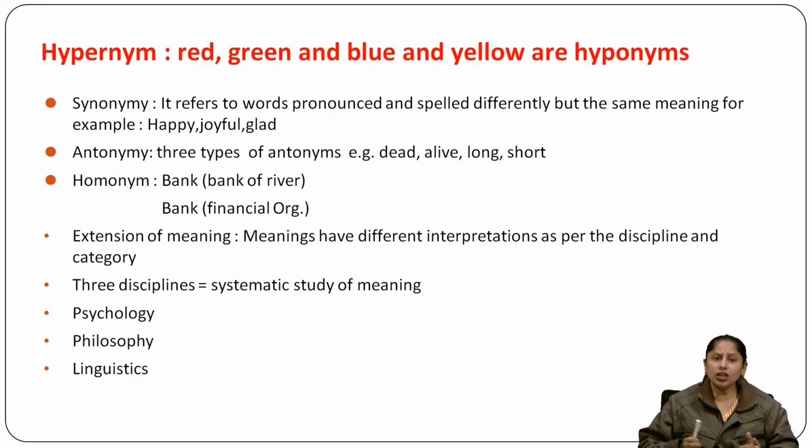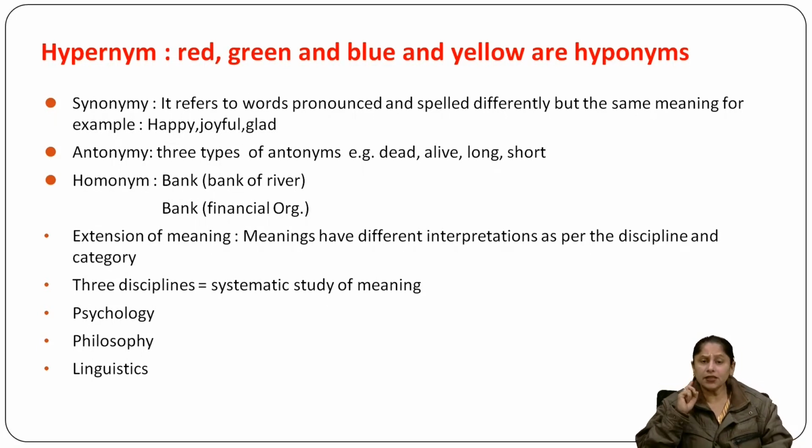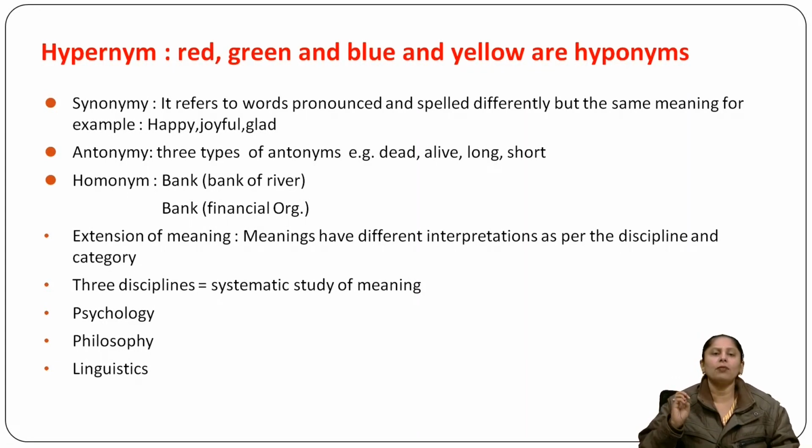Then extension of meaning. Meanings have different interpretations as per the discipline and category. So the extension of meaning is a very important term over here. You have to focus on it very sincerely when we discuss the extension of meaning. As for example, meanings have different interpretations. If I speak the word loose, loose in the sense of things which are very soft and in a very loose manner.